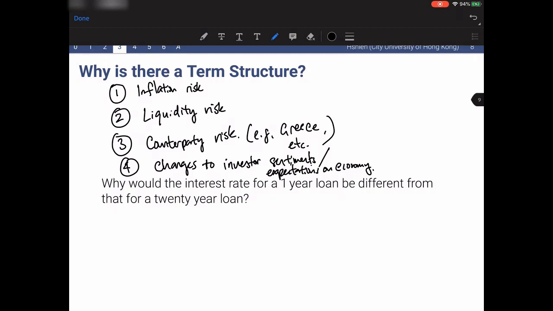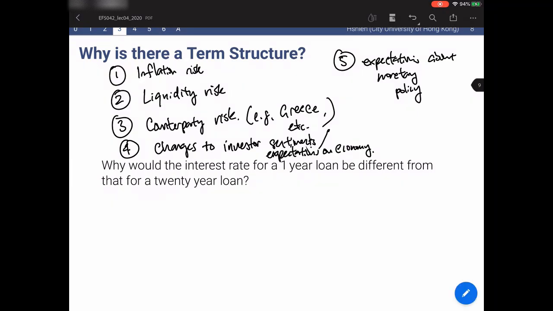And lastly, we could have different expectations about monetary policy. So for those of you who have experience just reading the newspaper, you will have noticed that within the last year, several central banks have conducted not only quantitative easing, but gradually reduced the overnight lending rate between banks basically back to the zero interest rate level.